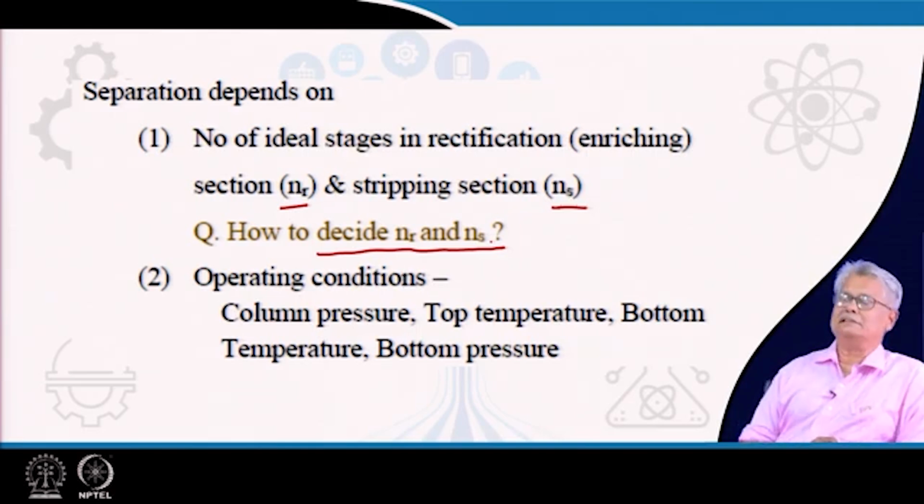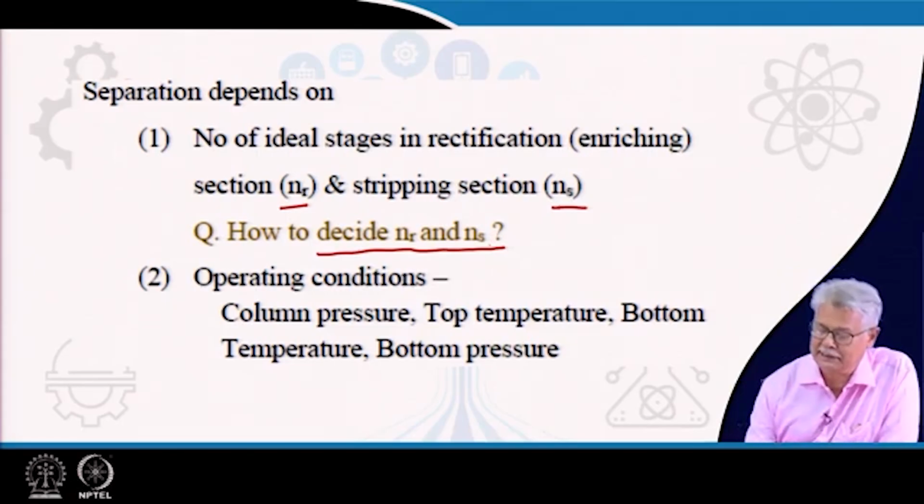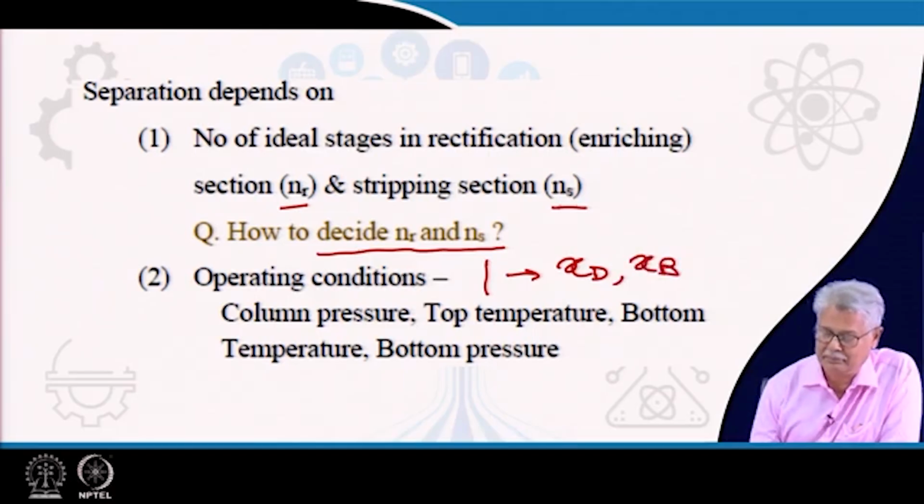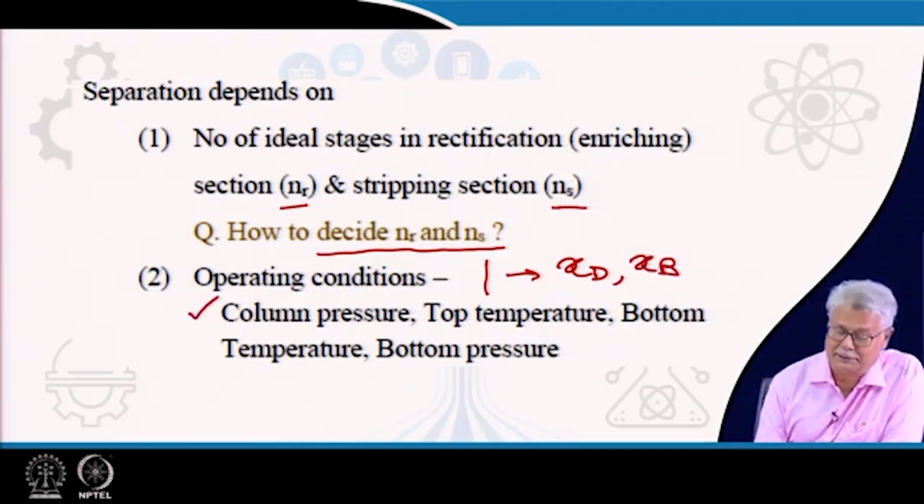Now, if you look at a distillation column, there are a few operating conditions which decide these XT and XP. Basically, these are the operating conditions which are expected to decide the XD and the XB. The first thing is the column pressure. The second thing is top temperature.